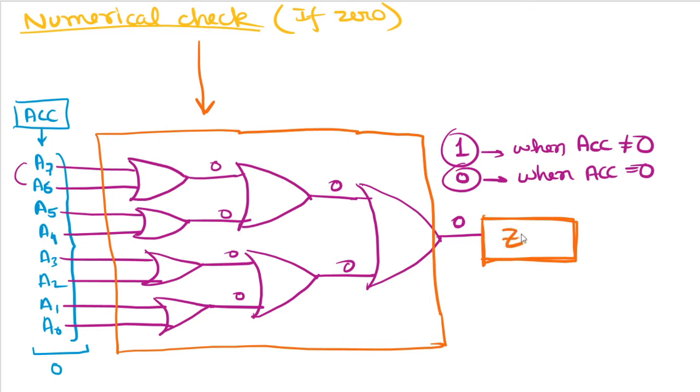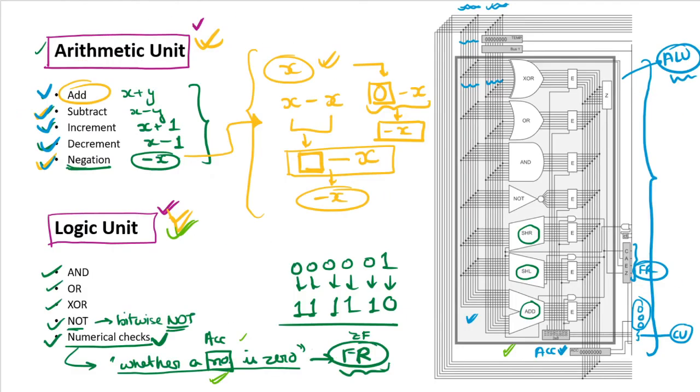Again, you can see it is nothing but a combination of different logic gates. We don't have any numerical check in this example, but if we had one, it would check whether the accumulator is 0 or not, and based on that it will fill this 0 flag of the flag register accordingly.